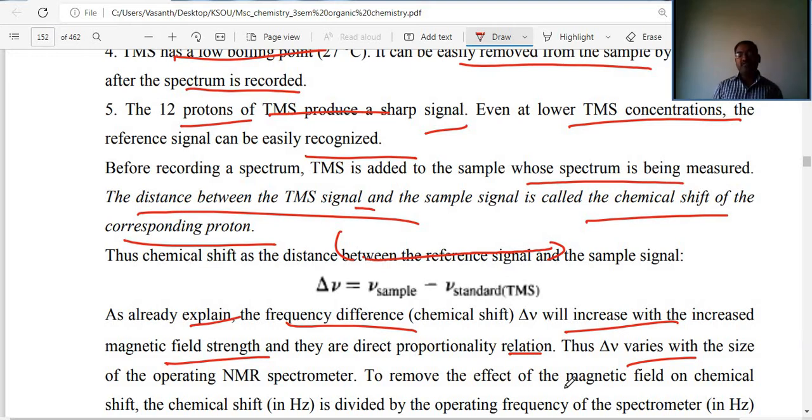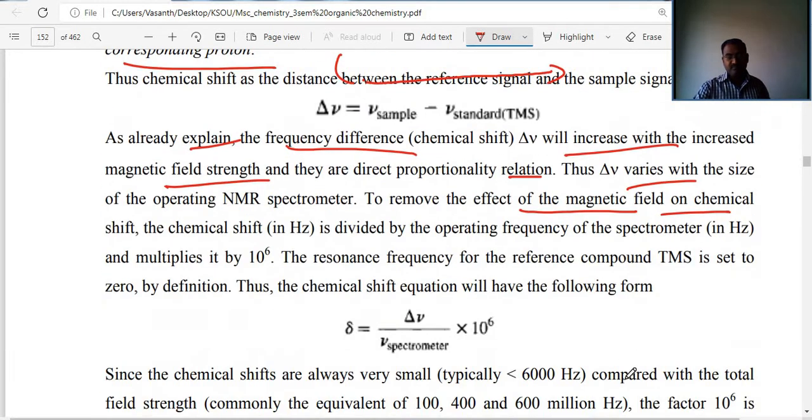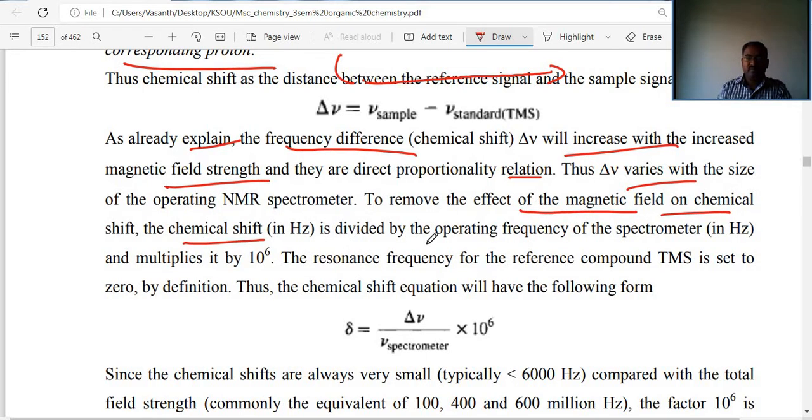Now, to remove the effect of the magnetic field on the chemical shift, the frequency difference is divided by the operating frequency of the spectrometer and multiplied by 10 to the power of 6.